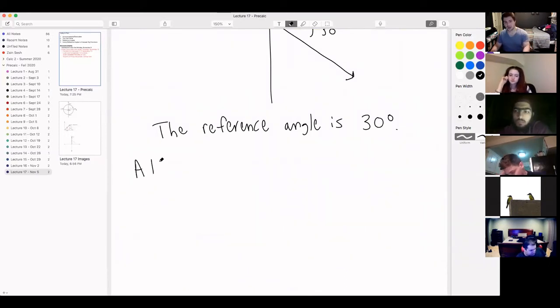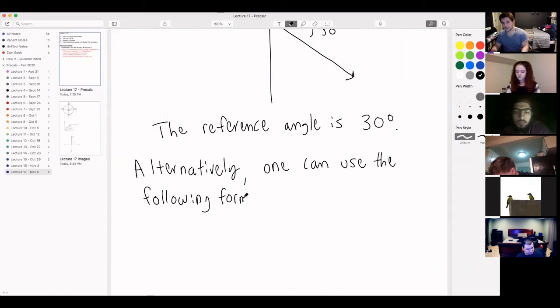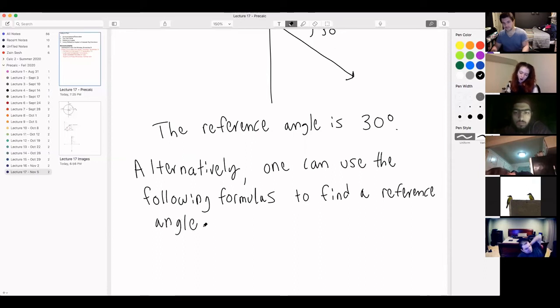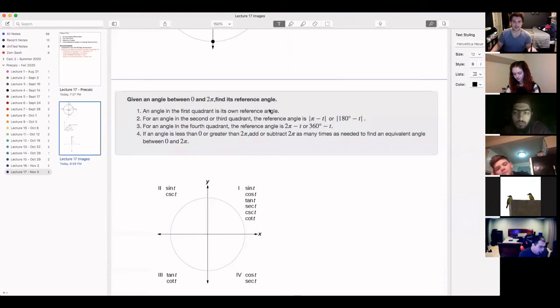Alternatively, one can use the following formulas to find a reference angle. Let me just go to that. I think I have it in a picture. Yes, very good.